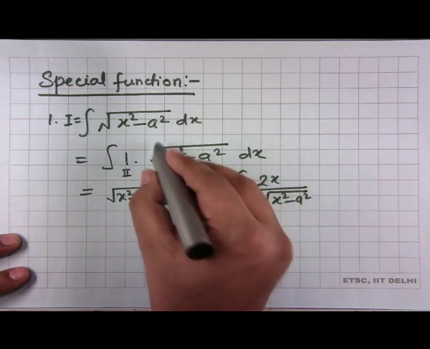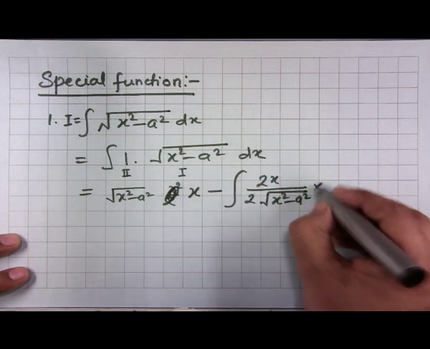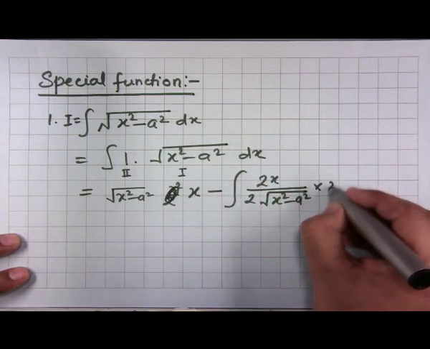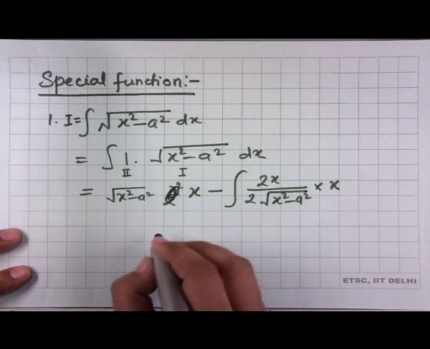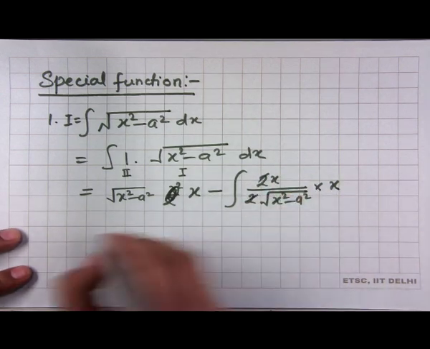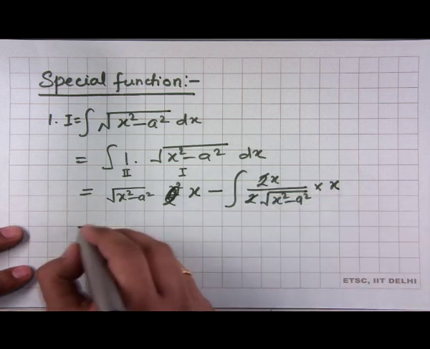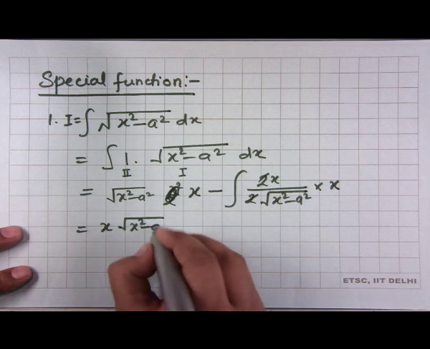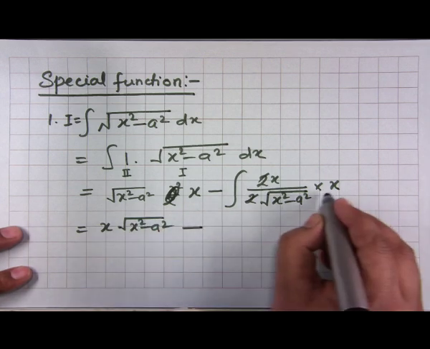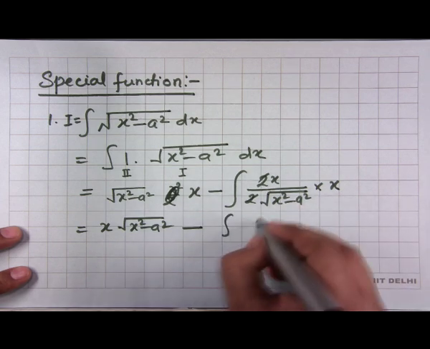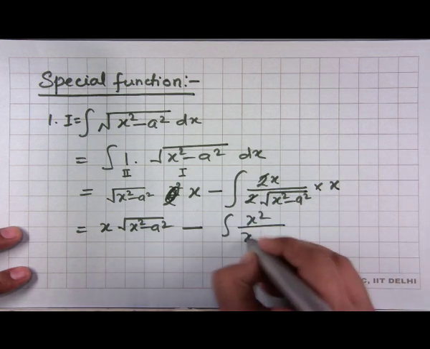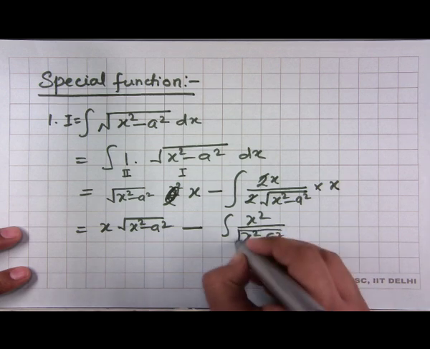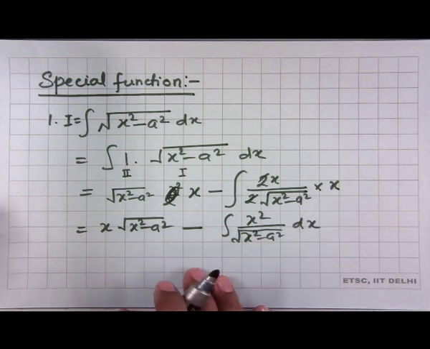This is the differentiation of first function, multiplied by integration of the second, which will give you x. This 2 gets cancelled with this 2, and here you will get x square. So, that you will get x square root of x square minus a square minus integration of x square over square root of x square minus a square dx.